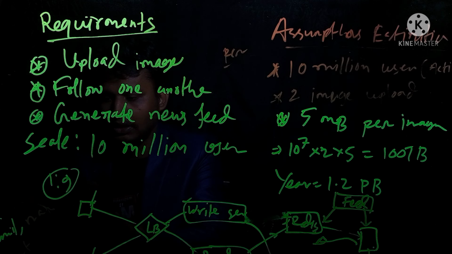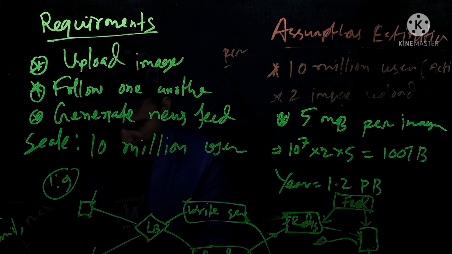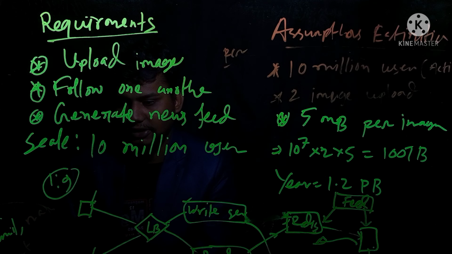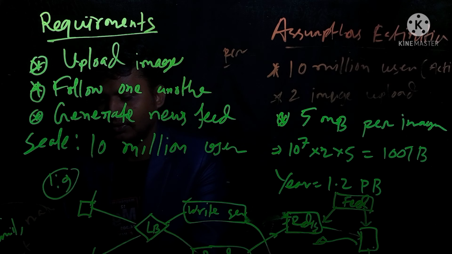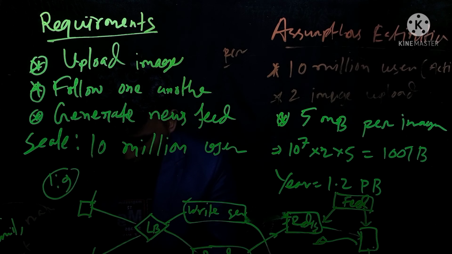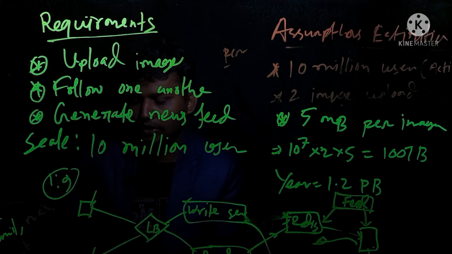This will be our user table. And for photo we may have ID, user ID, location and caption. And for following we can use a table with two columns here.